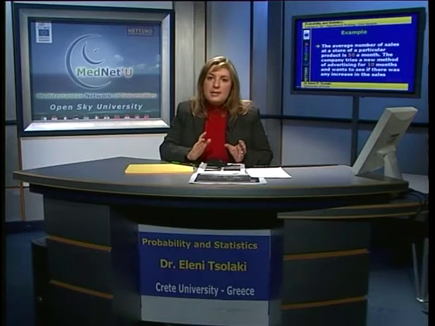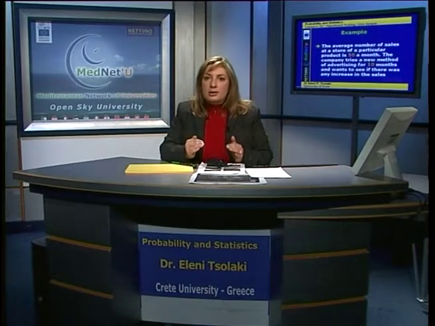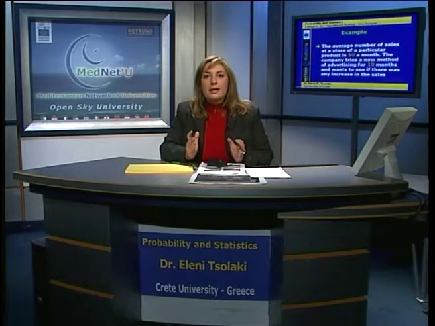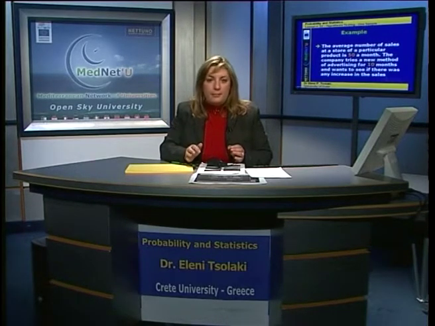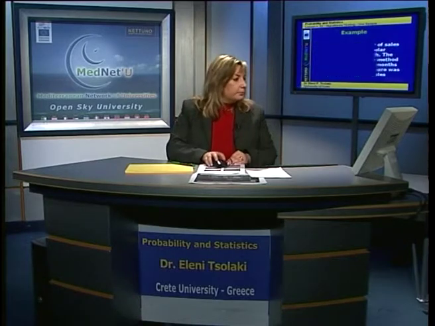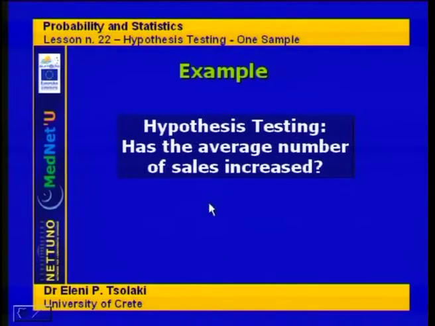Here we test if there is any effect in the mean value. So it's testing for the mean. The question we have asked for this example is if the average number, the mean of the sales, has increased.